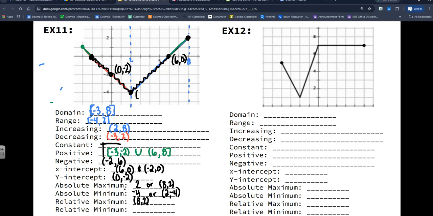And since that is an absolute minimum, it's also going to be a relative minimum as well. Do we have any other relative minimums or maximums? Not really. Maybe this endpoint, depending on the definition you're using, but I'm not really that concerned with that there. Okay. So that is all.